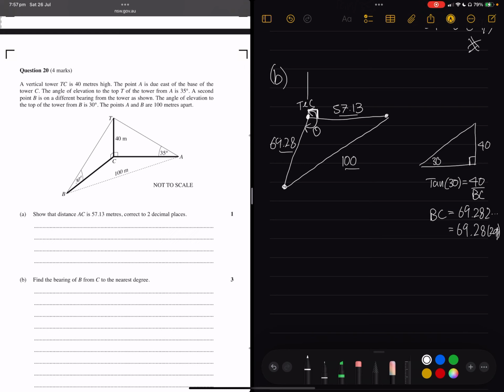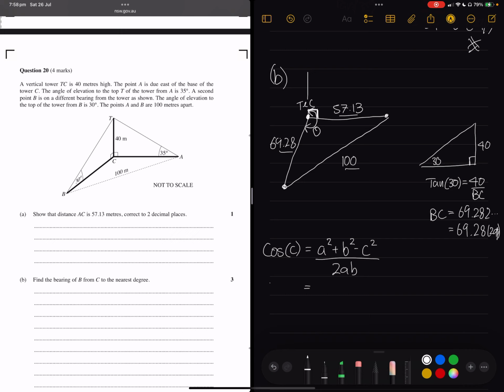The non-right cosine rule has a few different forms, and depending which one you've learned will depend the one you use. The one on the Advanced Maths formula sheet is the form cosine C equals, so we're going to use that one. Cosine of capital C is equal to a squared plus b squared minus c squared over 2ab.